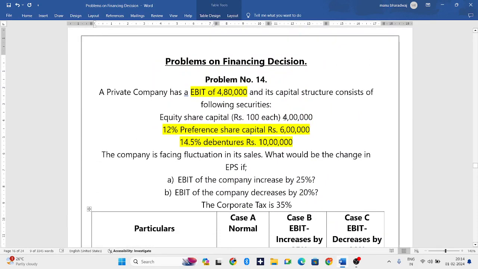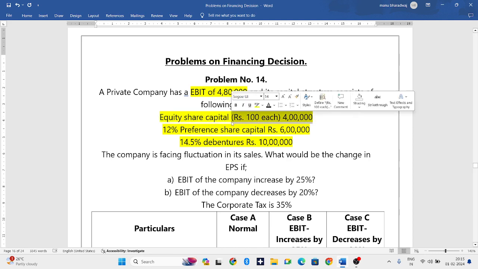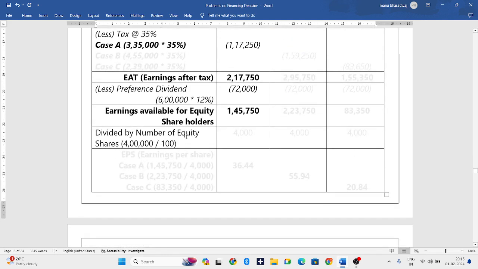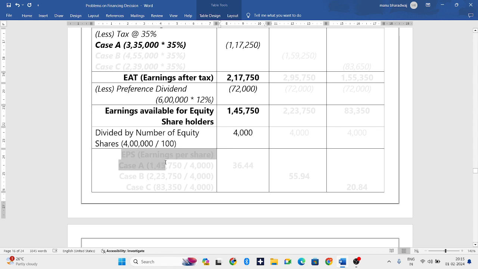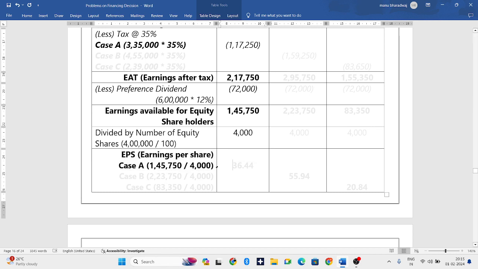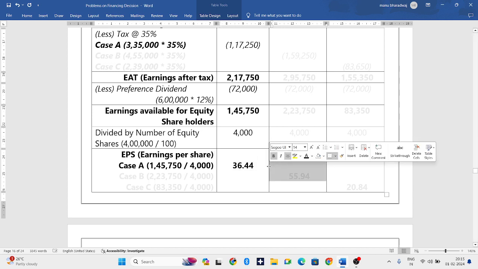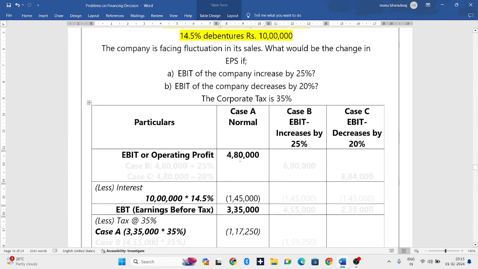In the question they have given that the equity share capital is 4 lakh and each share value is 100. So 4 lakh divided by 100 will be 4,000. Now we divide 1,45,750 by 4,000, which will give you EPS. EPS of plan A is 36.44. This is case number 1.